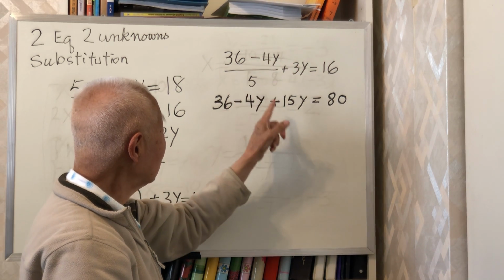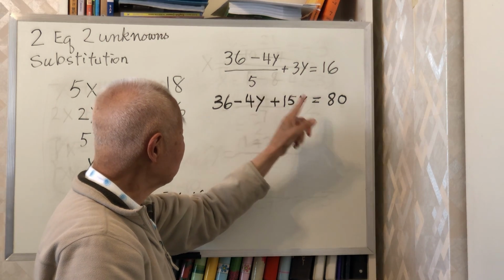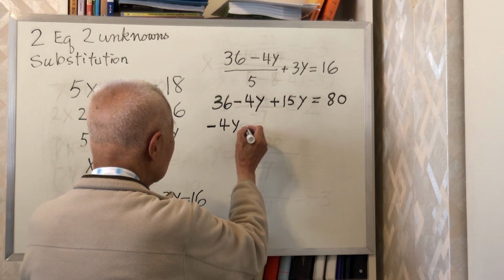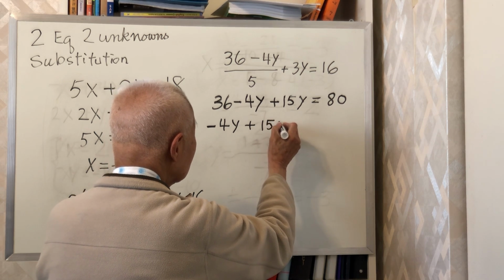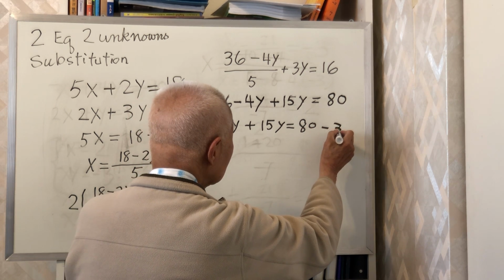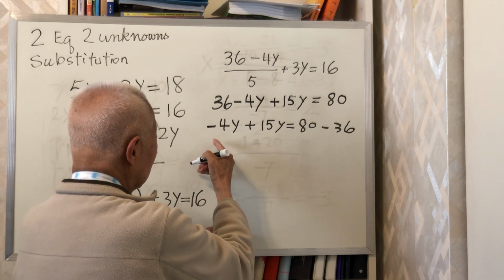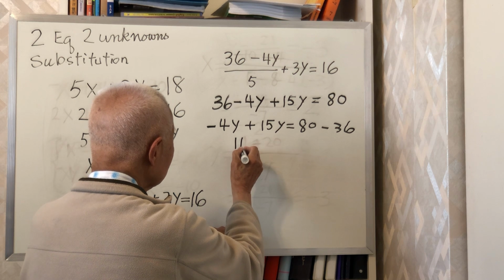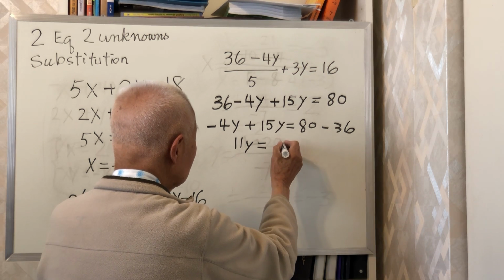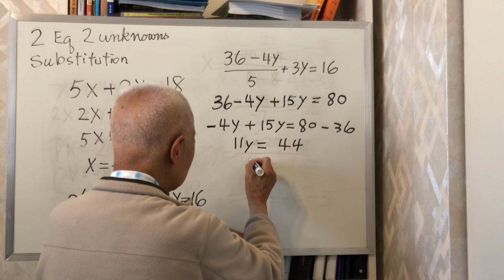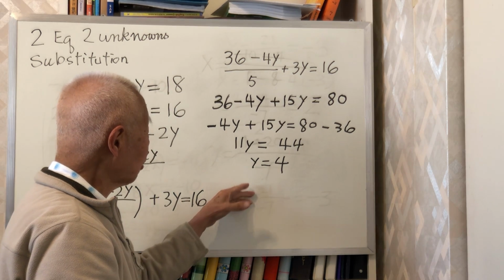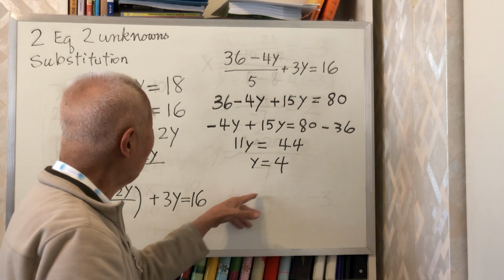Multiply this by 5, I get this. Then I have 80 minus 36. So I have y. y is 4.